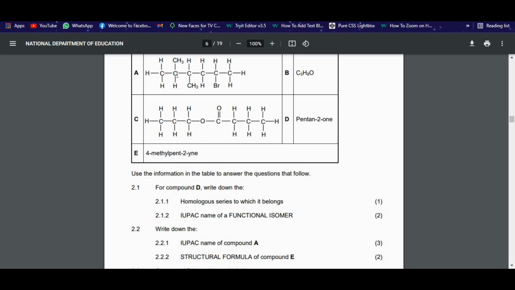We've got 1, 2, 3, 4, 5, 6. Okay, and let's see. Here we go. We got 1, 2. Okay, and here we got 1, 2. Okay, cool. So what we want to do is take care of the positioning of the methyls first.